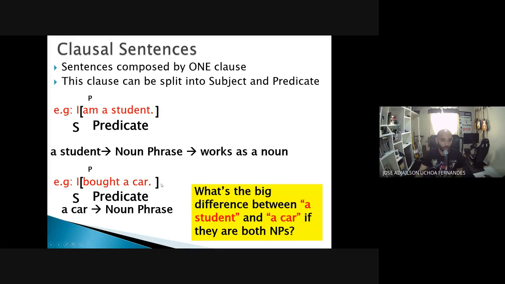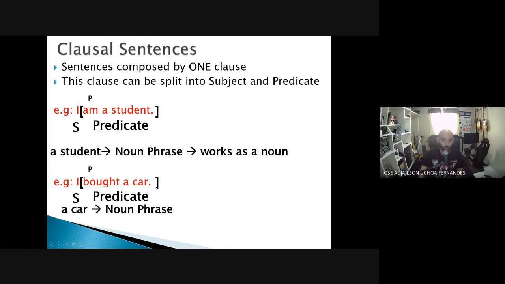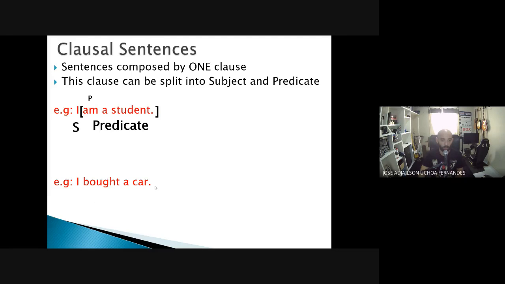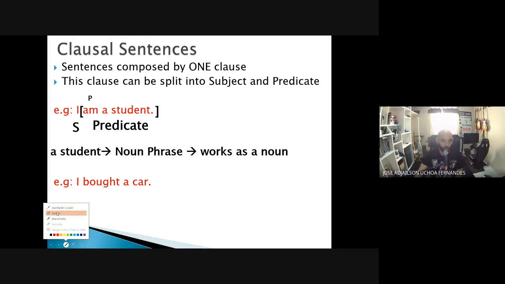Forget this bracket for a moment. Forget the period. That is red. Now I have a bigger predicate.